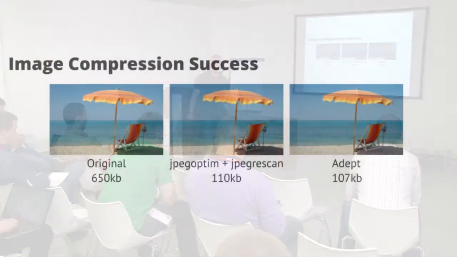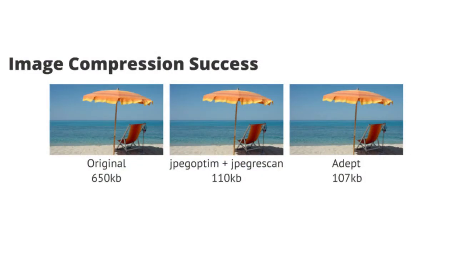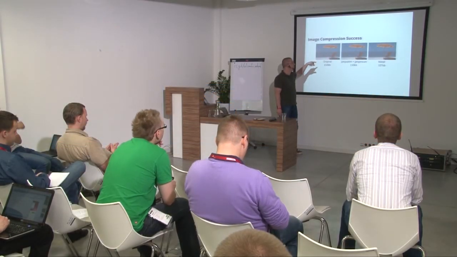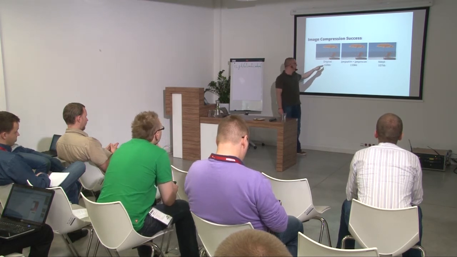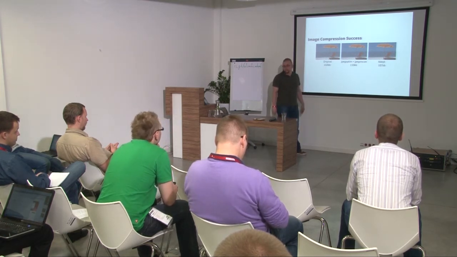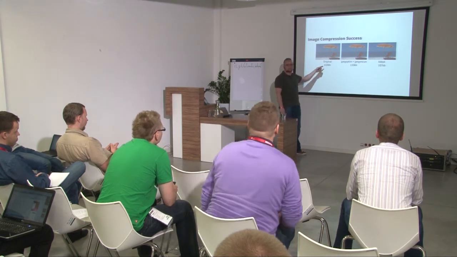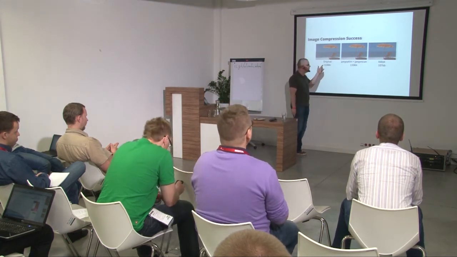To give you an idea of how much you could save, this is a testing image I've been using for Adapt. This is the original I found. I think it's 1024 by 640, and the original is 650K. It's huge, right? For a picture of that size, you could probably get a picture 4 times that size with this byte size if you optimized it properly.